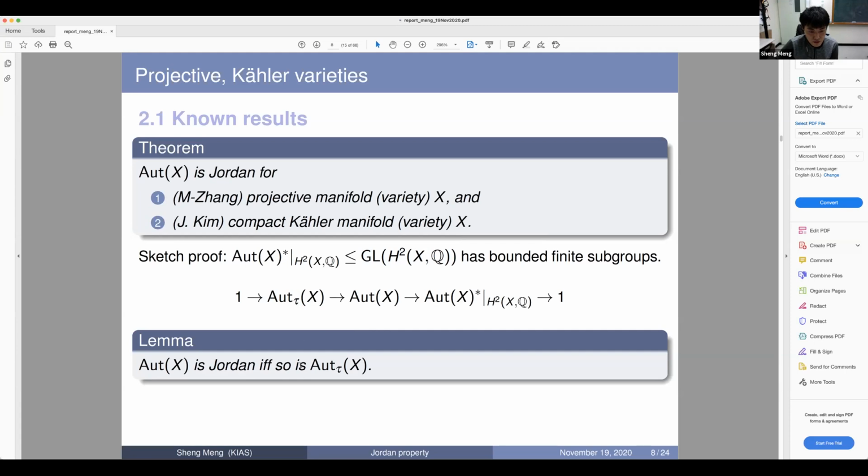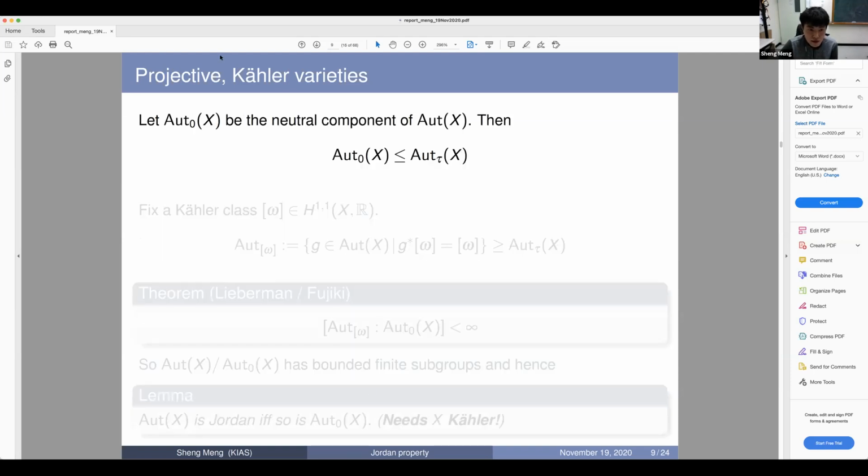So as the third group has bounded finite subgroups, we only need to show that the kernel Aut_tor is a Jordan group. Then we look at the neutral connected component of the automorphism group, and we denote it by Aut_0. Since it's connected, it has no non-trivial rational representation. So in particular, it is a subgroup of Aut_tor(X).